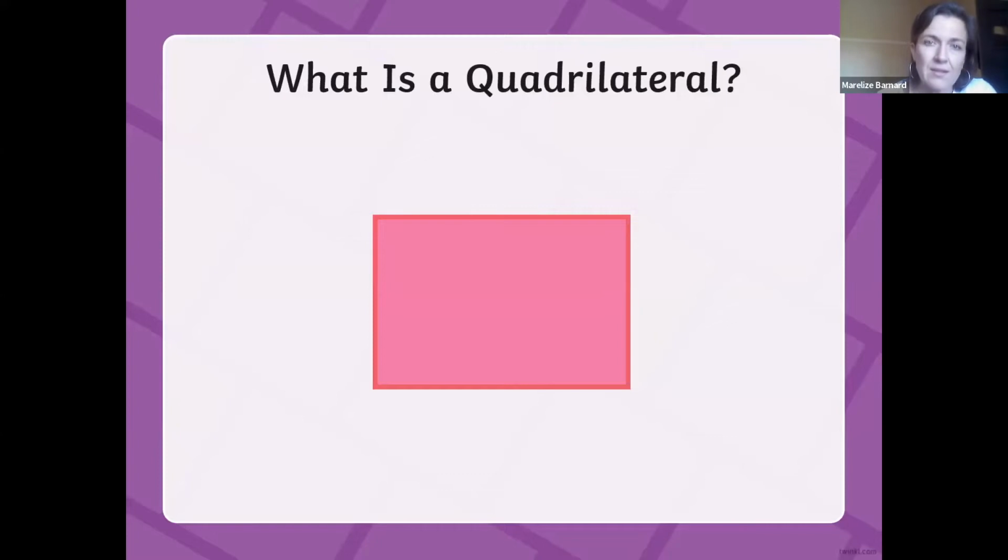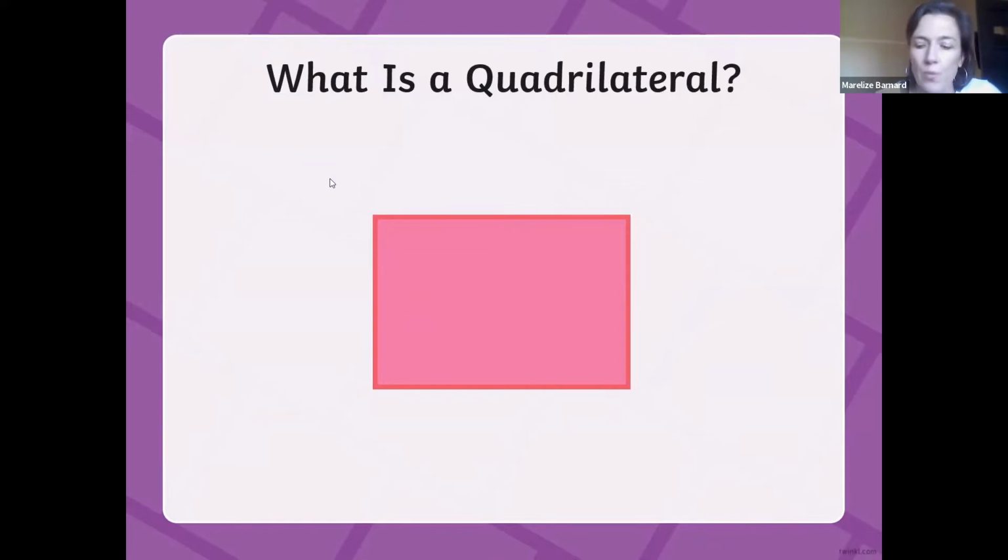A square is an example of a quadrilateral. 4 angles. What do the angles add up to? Do we know? Angles equal 360. Well done. Don't worry, Nosipo. We are going through all of that Euclidean geometry stuff.